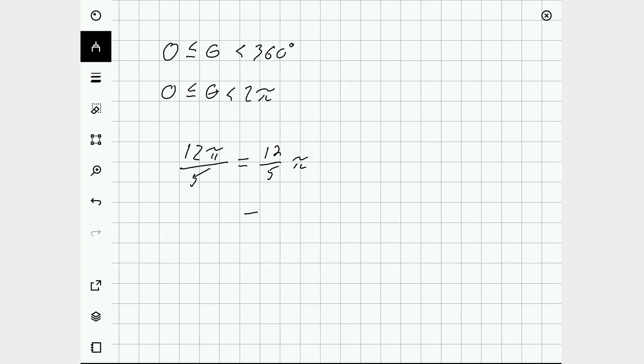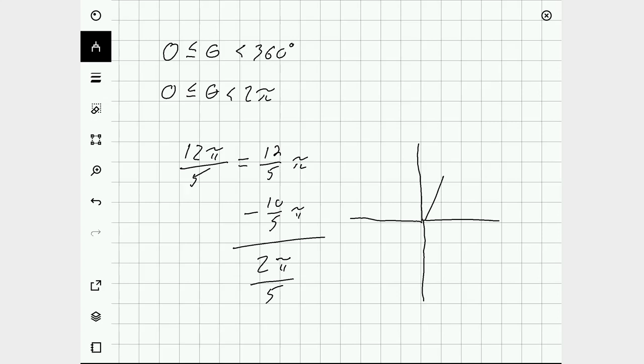So I'm going to subtract off 2 pi, but since it's a fraction, I'll subtract it off in the form of 10/5 pi to get 2/5 pi, or 2 pi over 5. 2 pi over 5 is not a radian measure that I am particularly familiar with, but it is smaller than pi over 2, so I know it's somewhere in the first quadrant.